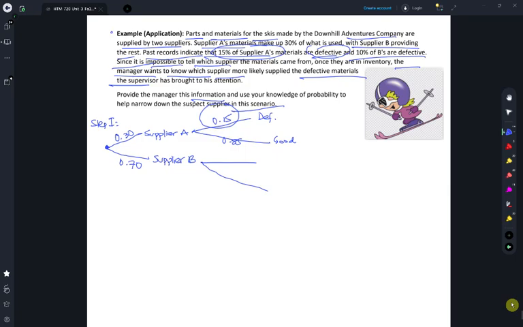Whereas for supplier B, 10% are defective, and the remaining 90% are good.